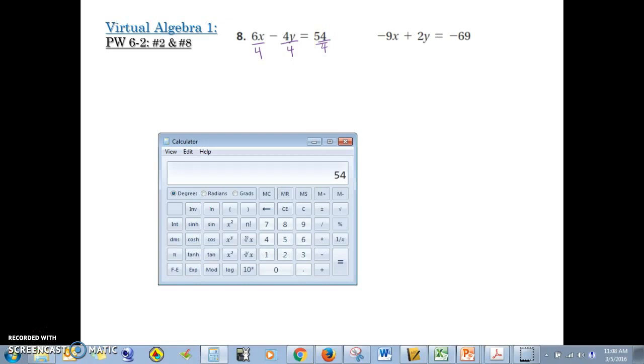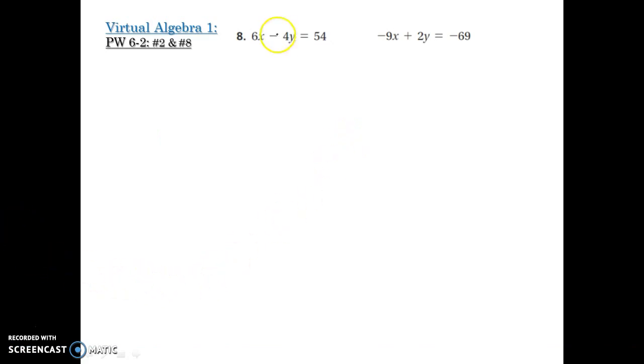If I do 54 divided by 4, I get 13.5. And 6 divided by 4 is going to be like 1.5. Okay, so there's still some fractions there. And if I was trying to solve for this x, I would have to divide stuff by 6.